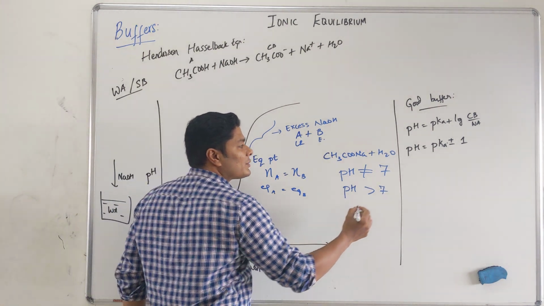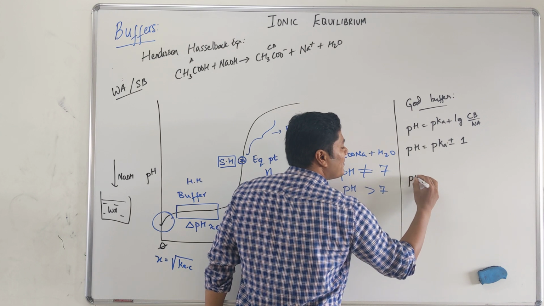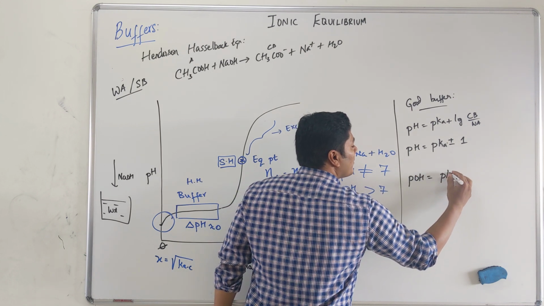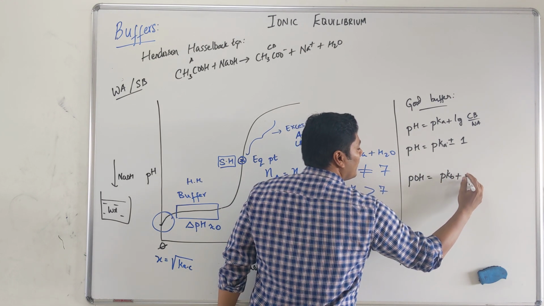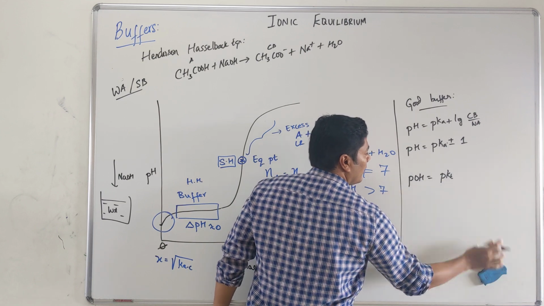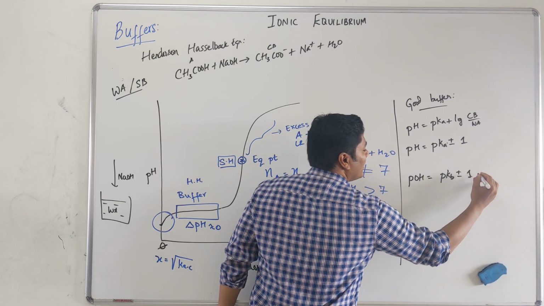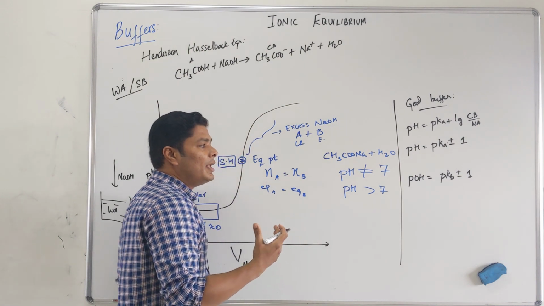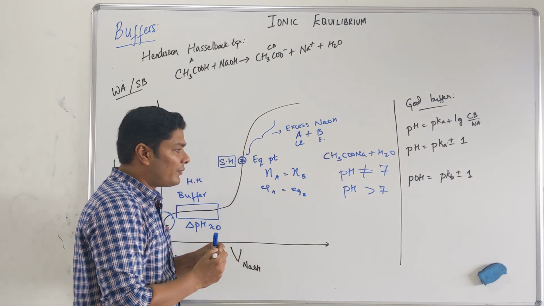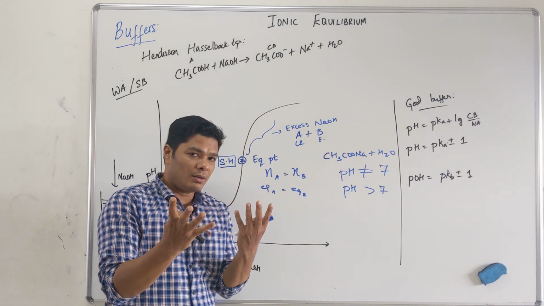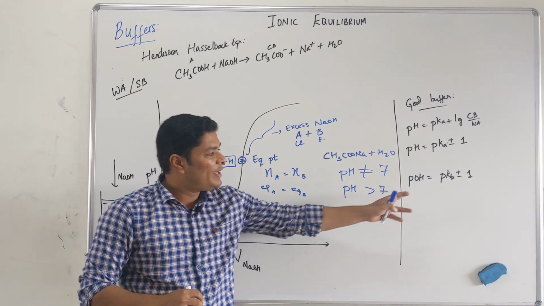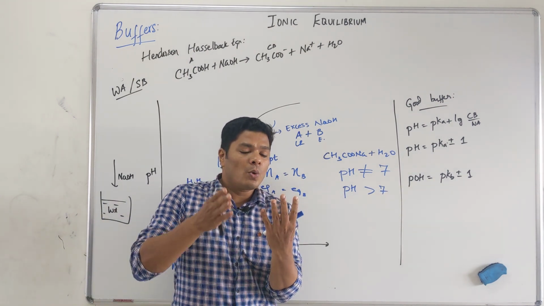So this is for an acidic buffer. For a basic buffer, pOH equals pKb plus or minus 1. This is the very good buffer region. Suppose for example I give you a set of 4 different pKbs, 4 different weak bases, and you need a buffer.